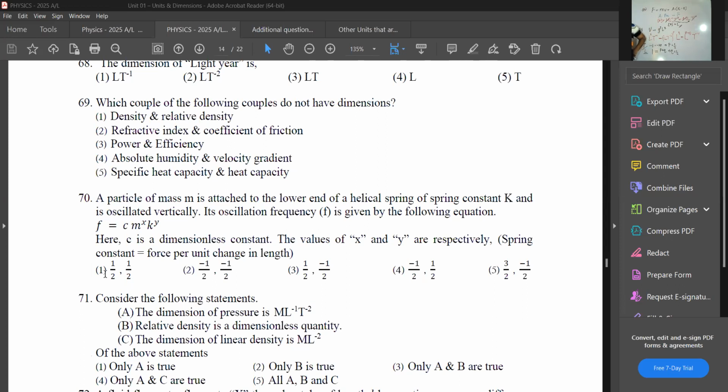70. So what is the answer for question number 70? Yes.